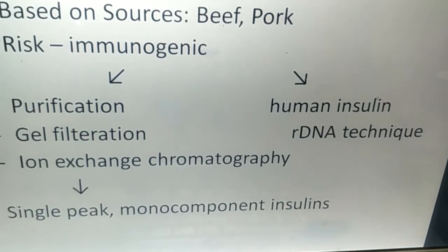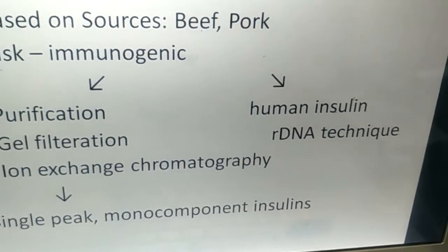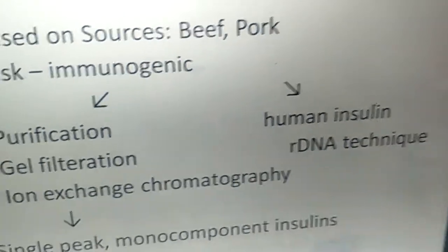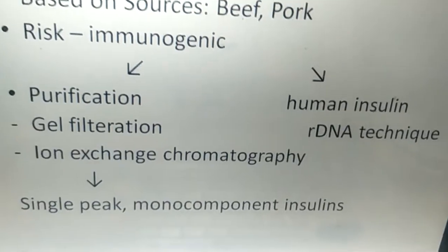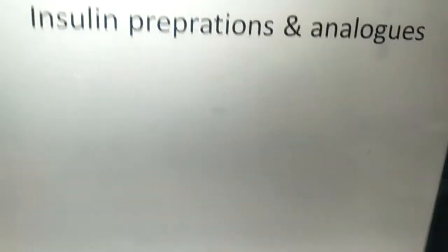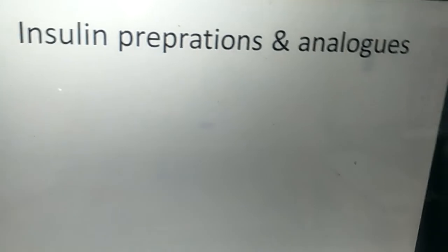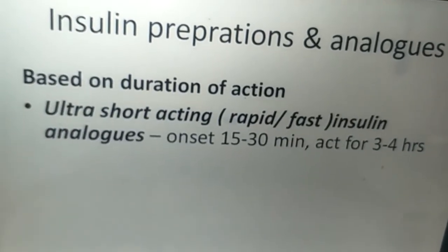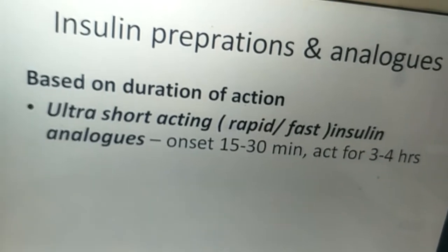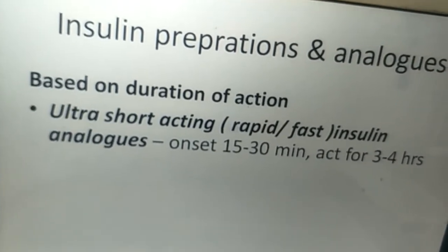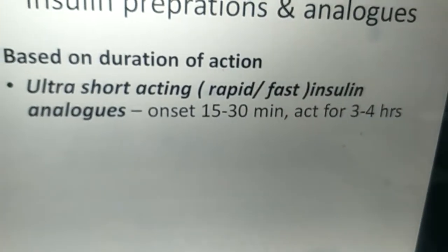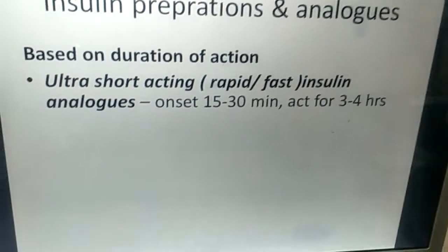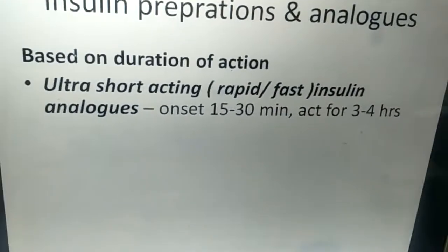So human insulin is not obtained from human pancreas. It is synthesized by recombinant DNA technology. So based upon the source, we have 3 types of insulin: bovine, porcine, which are further purified by gel filtration and ion exchange chromatography, and human recombinant DNA insulin. That was based on the source.